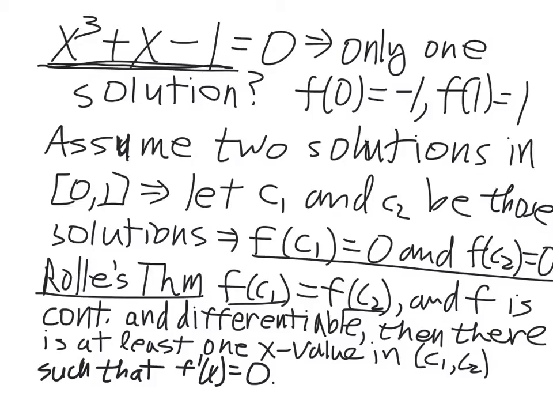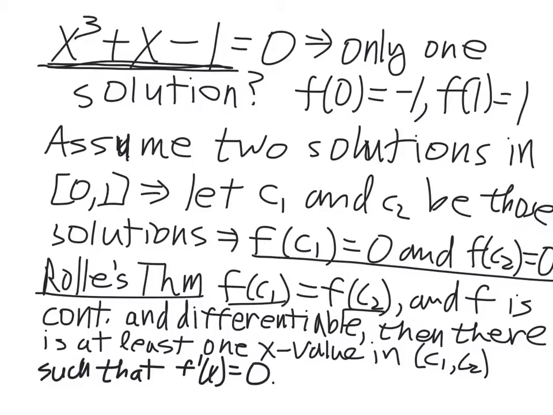Again, the conditions on Rolle's theorem: c1 and c2 have the same y value. In this case, if they're both solutions, the y value would equal 0. f is continuous, f is differentiable. Then we are guaranteed somewhere between c1 and c2, there's an x value with the derivative equal to 0.